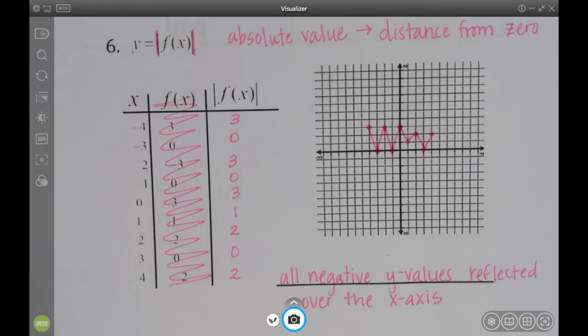So the main point here is just that when there's an absolute value involved, some weird things happen, and it does not look like your monster anymore. Okay?